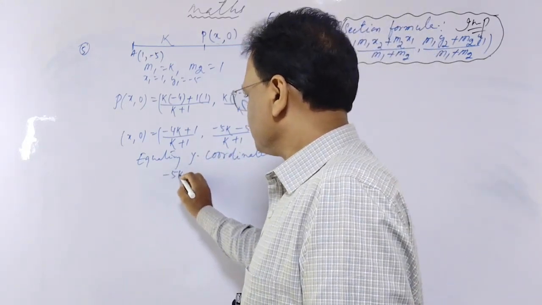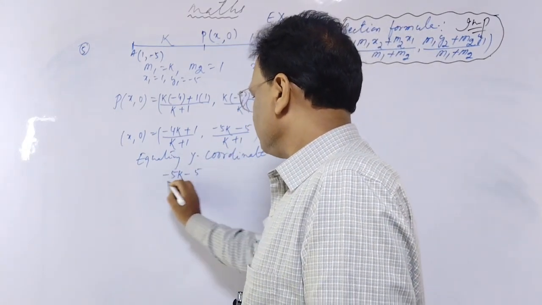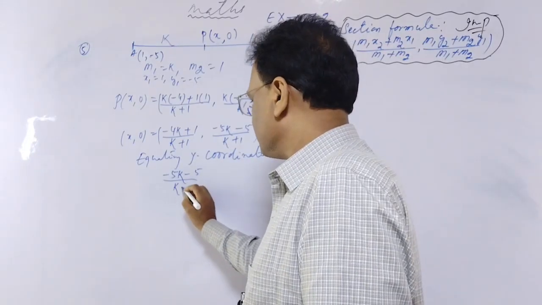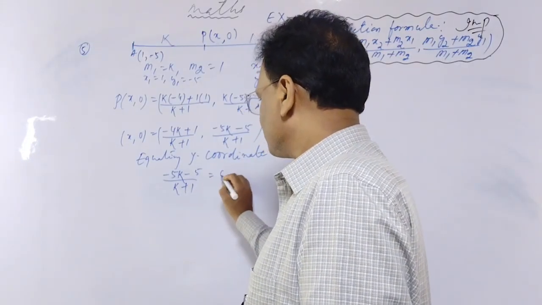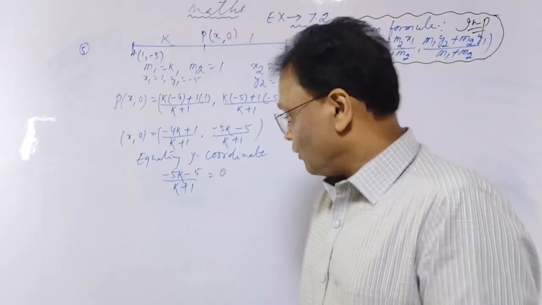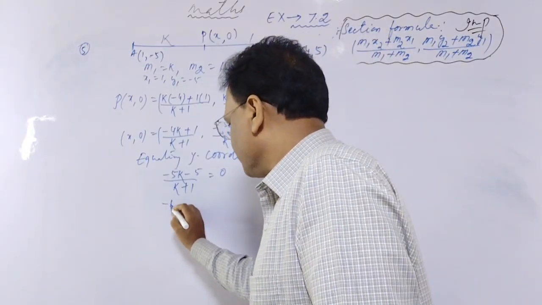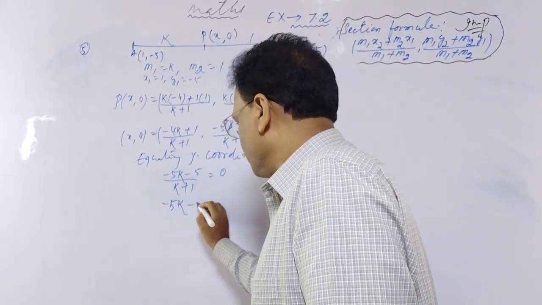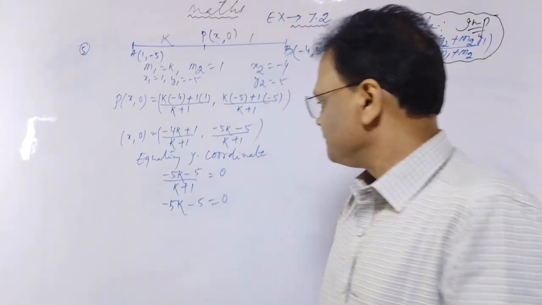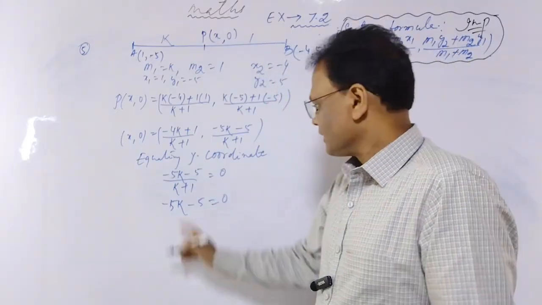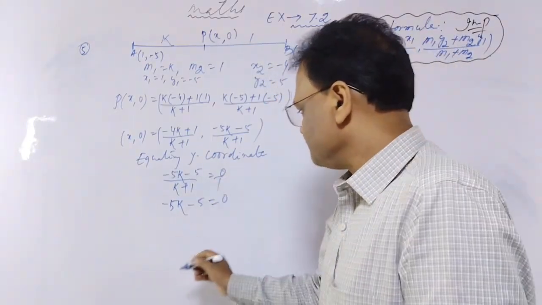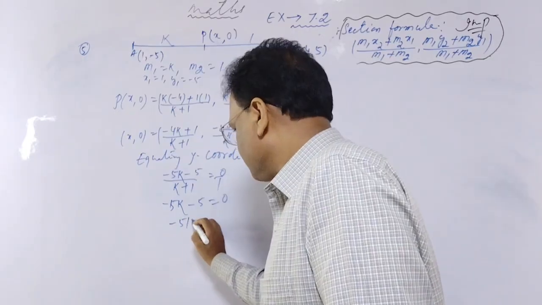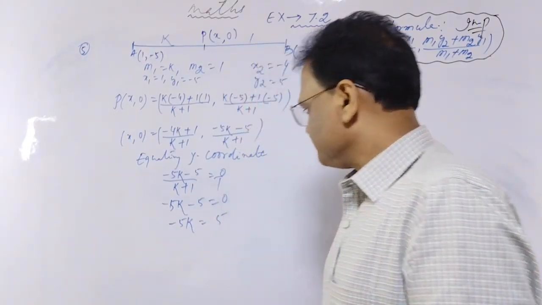Minus 5k minus 5 divided by k plus 1 equals 0, or minus 5k minus 5 equals 0. Cross multiply, it's 0. Or can I write minus 5k equals 5?